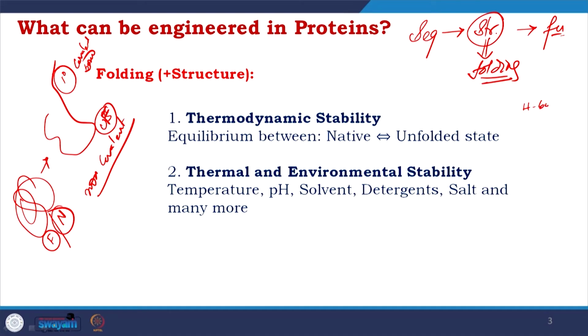You could consider the hydrogen bond as an example, a non-covalent bond present in proteins in large numbers. Whether they are forming or not forming has a huge role in the stability of the protein.